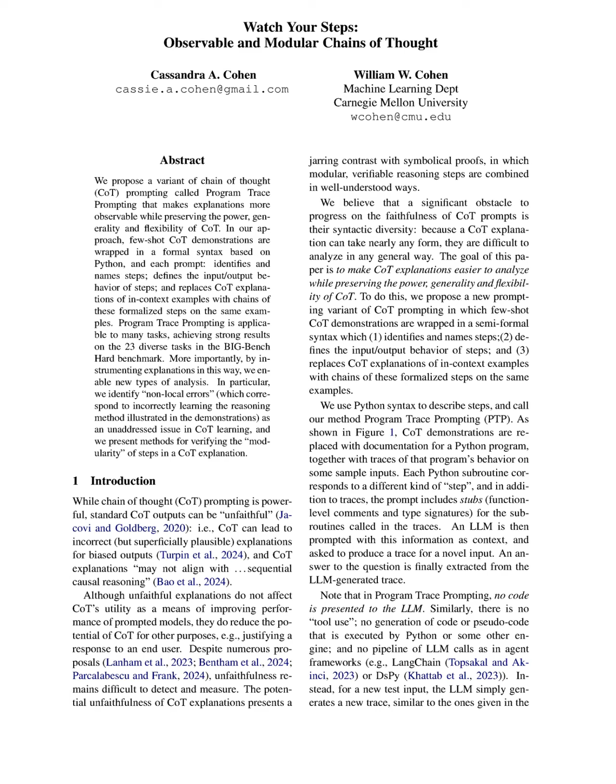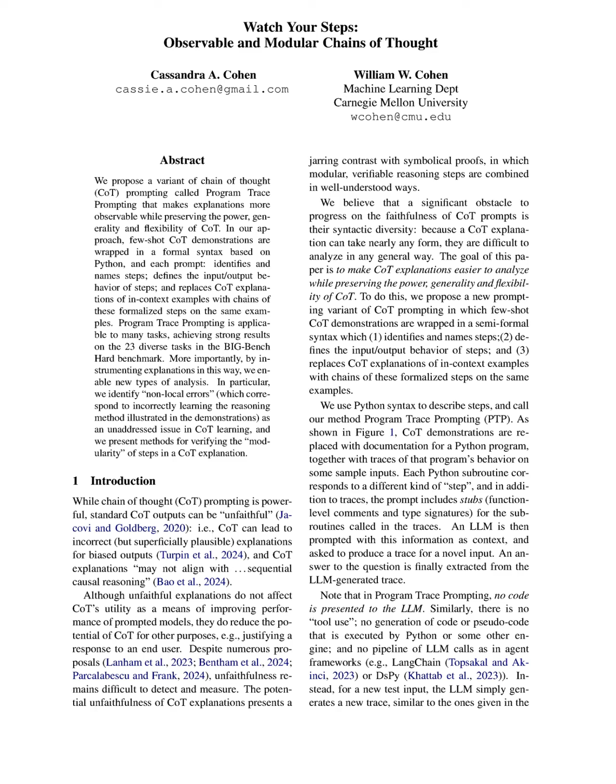This problem is significant because unfaithful explanations undermine the utility of COT for justifying responses to end users and complicate the analysis of reasoning processes. PTP introduces a semi-formal syntax that structures COT explanations into identifiable steps, allowing for easier analysis and evaluation of the reasoning involved.